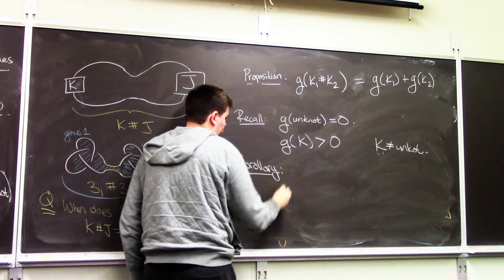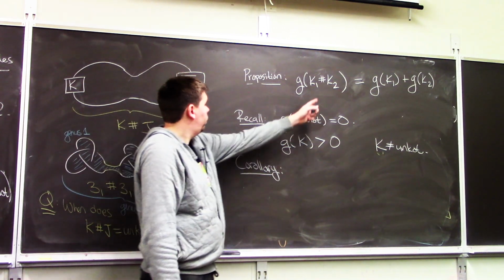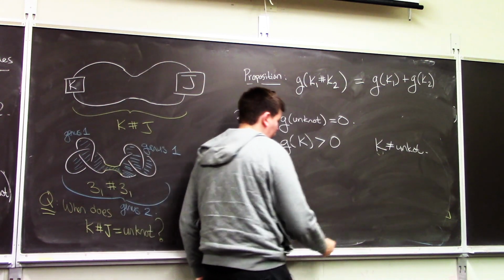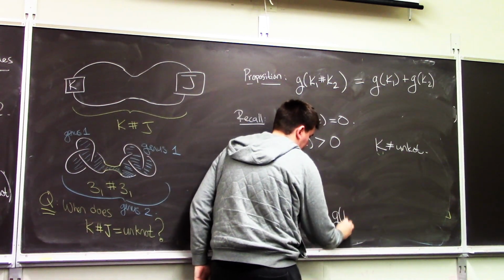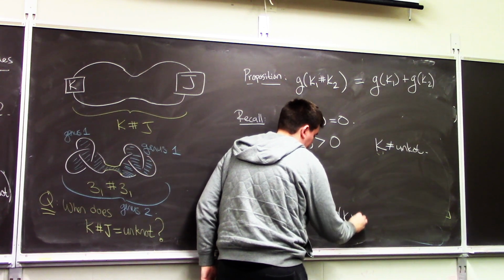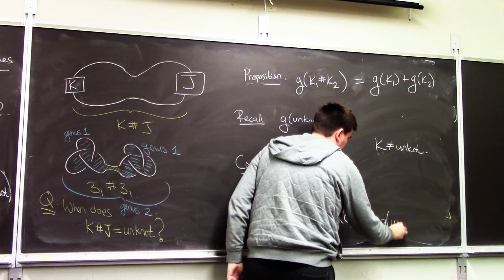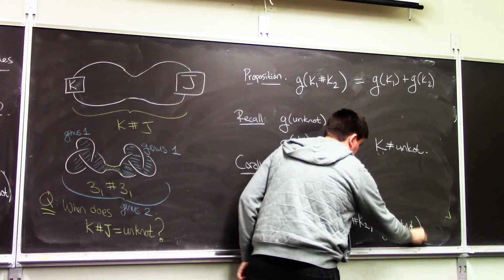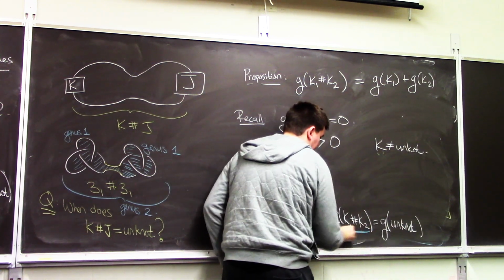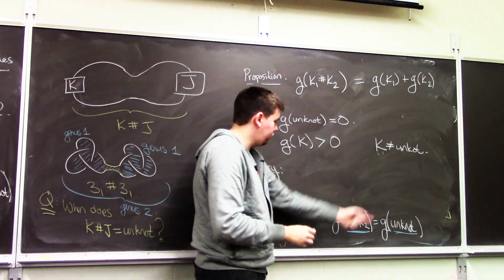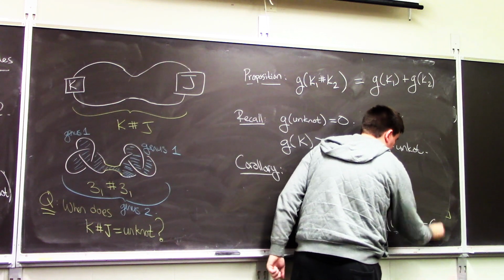Corollary. Well, if you want this connect sum to come out to equal the unknot, if you want this guy to actually be the unknot, then the genus of him has to be the genus of the unknot, which is 0.